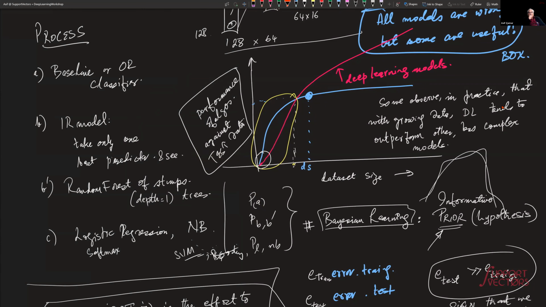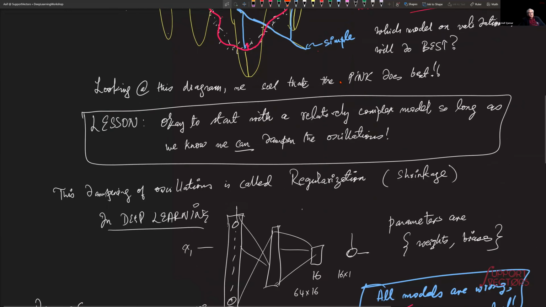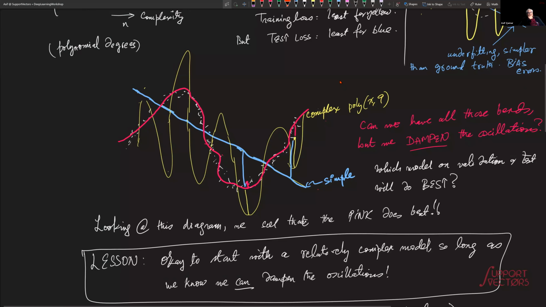And once I have regularized it, I ask myself this question: did the regularization lead to that pink picture here or not? In other words, did a complex regularized model give me better answers? Did it become the pink line versus the simple blue line?